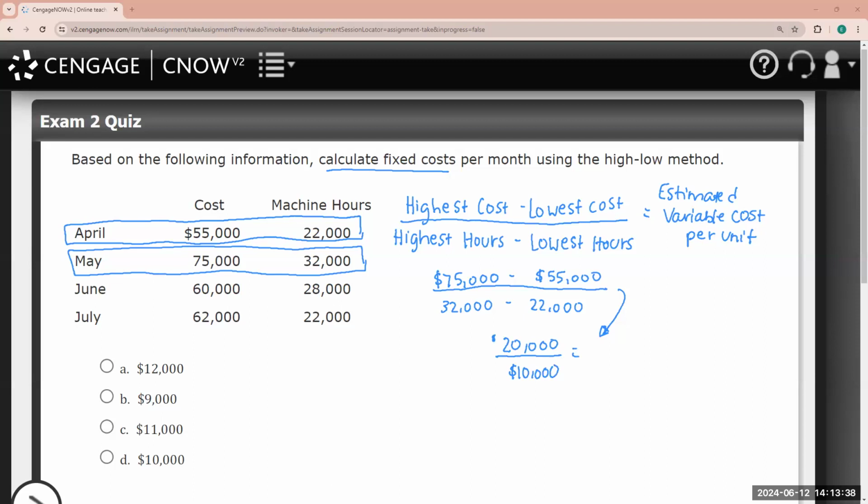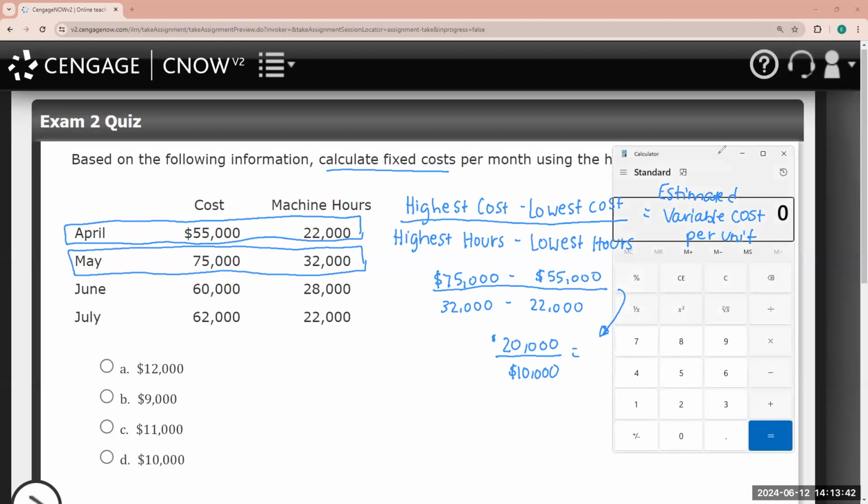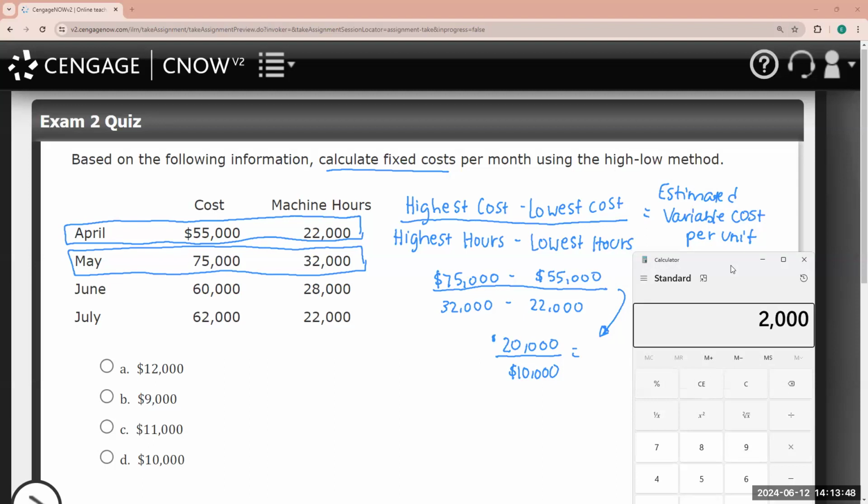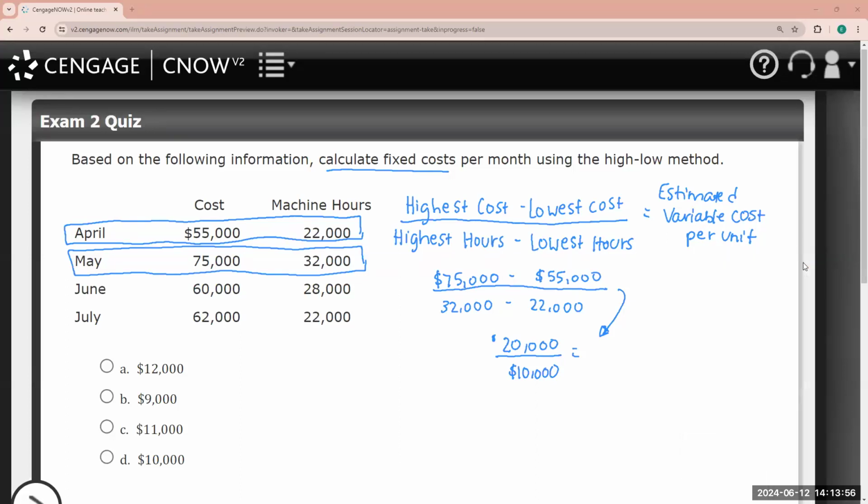All right, so based on this information, we'll pull out our calculator. And here we see 20,000 divided by 10,000, which gives us $2 per unit. So we have a variable cost of $2 per unit.